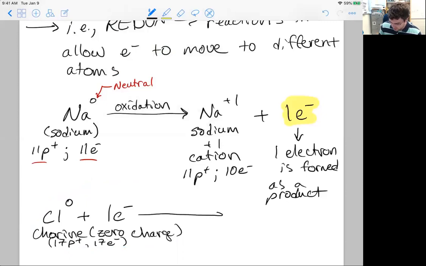And when I add 1 electron to an element, I'm going to get a new chlorine element that has absorbed that electron. So now it's chlorine with 17 protons, because a chlorine atom must always have 17 protons. According to our periodic table, it's atomic number 17. The number of electrons has changed, though. We've now gained 1 electron, and we're at 18 electrons.